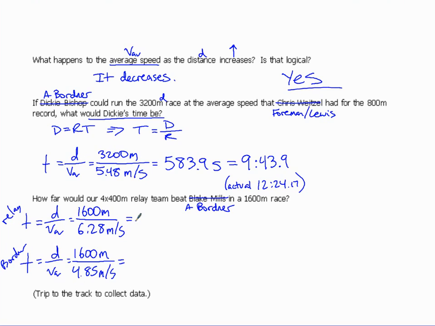Going into the calculator, 1600 divided by 6.28. The relay team is taking 254.78 seconds. Our individual runner, 329.90 seconds.